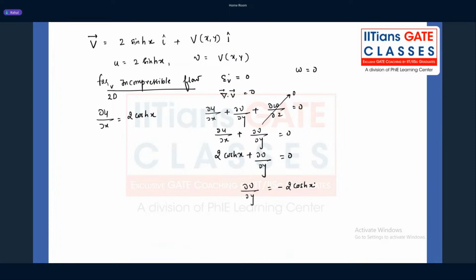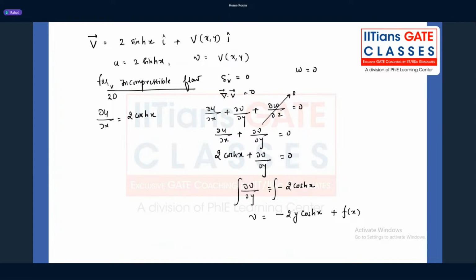This is the value we have, guys. What we will do, we will try to integrate it. If we integrate, what we get is minus 2y cosh x. Now, whenever we are doing the integration of any partial differential equation, we need to add not a constant, but some function, and this will be a function of x.